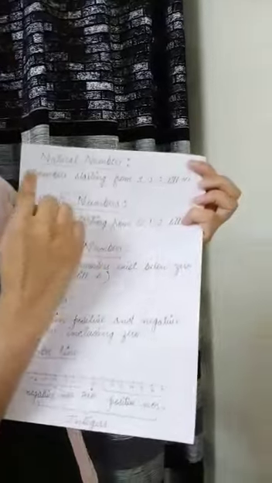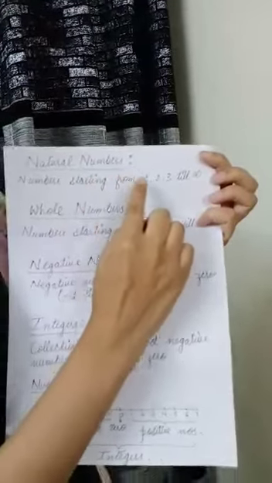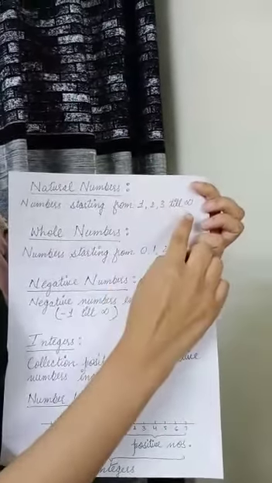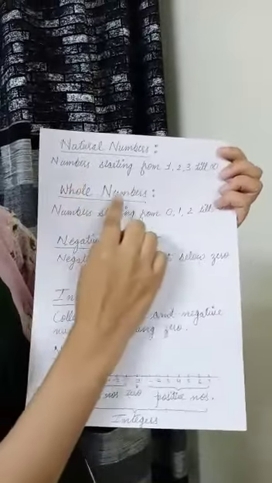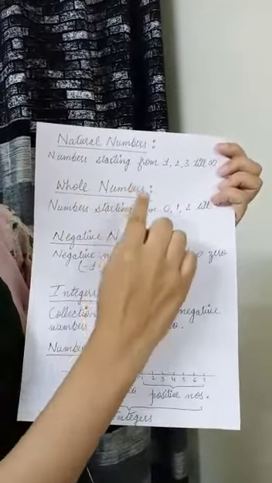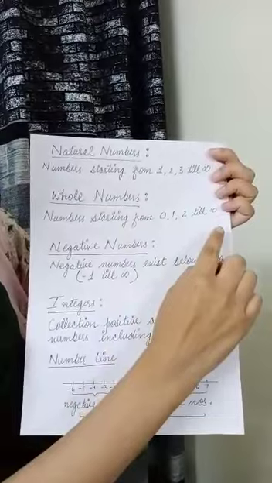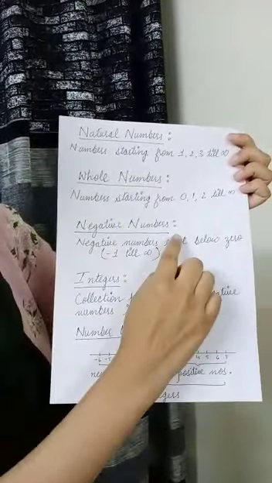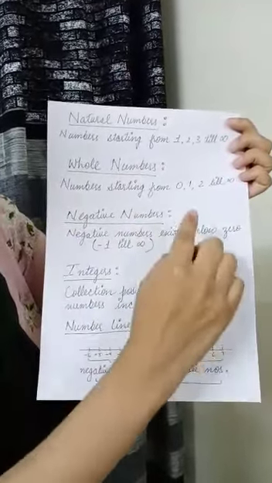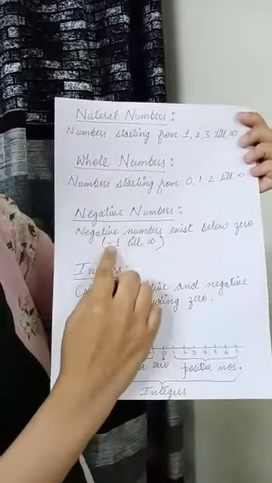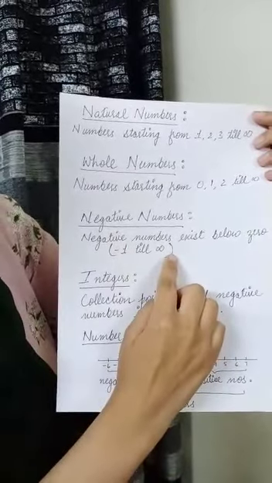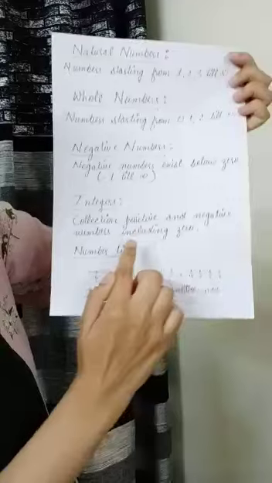So I'll give you a recap of everything. What are natural numbers? Numbers starting from 1, 2, 3 till infinity. What are whole numbers? Numbers starting from 0, 1, 2 till infinity. What are negative numbers? Negative numbers exist below 0. They start from -1 and go on till infinity. What are integers?